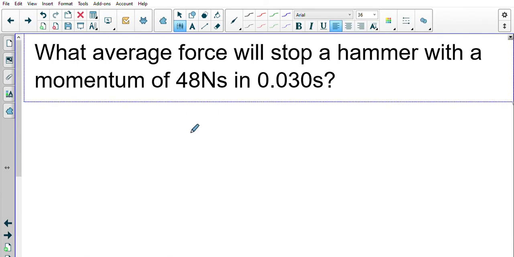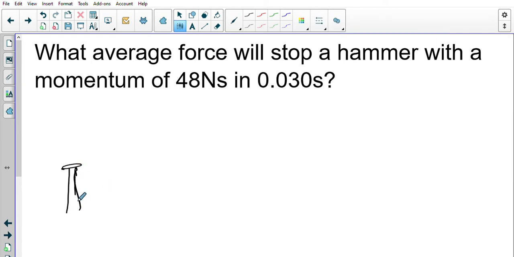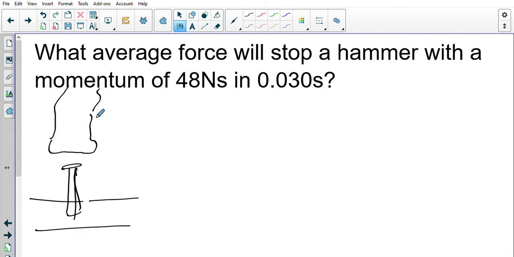All right, question number 5. What average force will stop a hammer with a momentum of 48 Newton seconds in 0.03 seconds? So think about you have a nail, and the nail's in a piece of wood. And you have the hammer that's coming down.